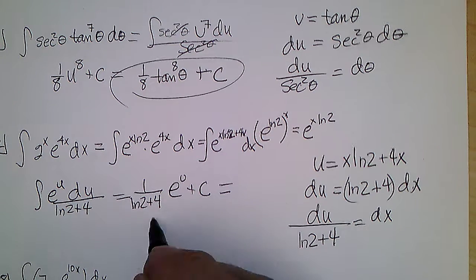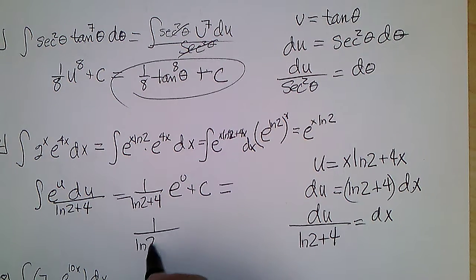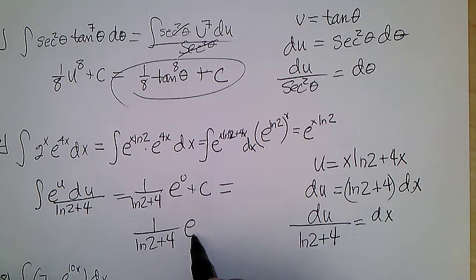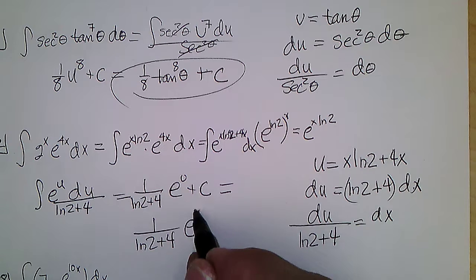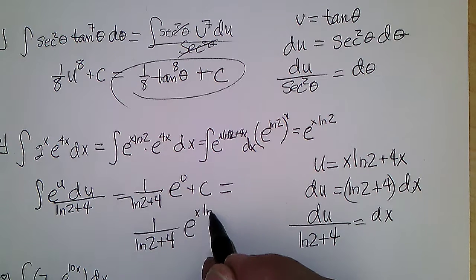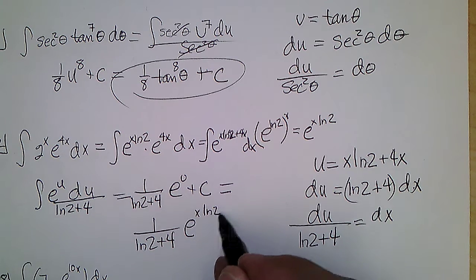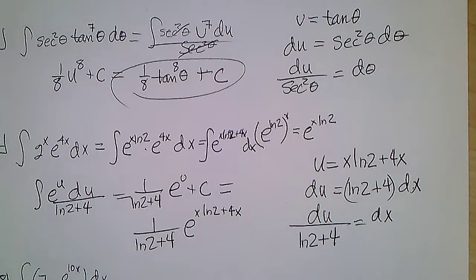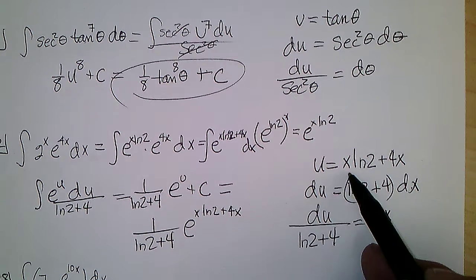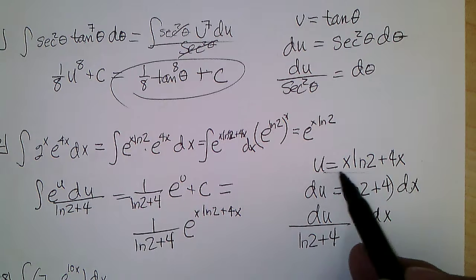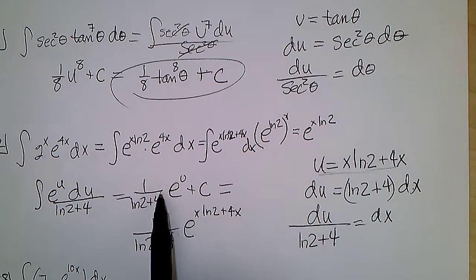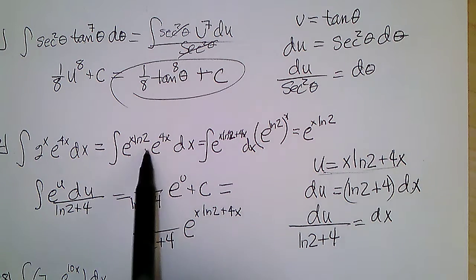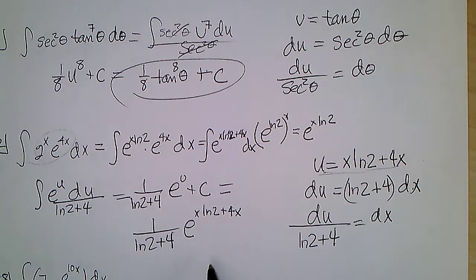And the integral of e to the u is e to the u. Changing back, it'd be 1 over ln 2 plus 4 e to the x ln 2 plus 4x. Well, that e to the x ln 2 plus 4x is what we originally had.